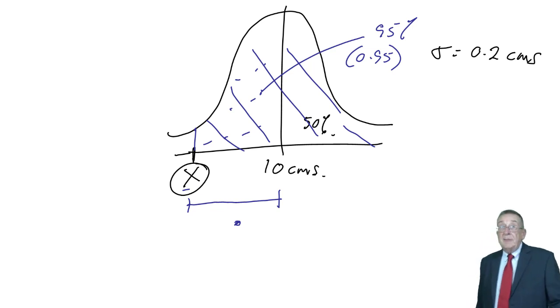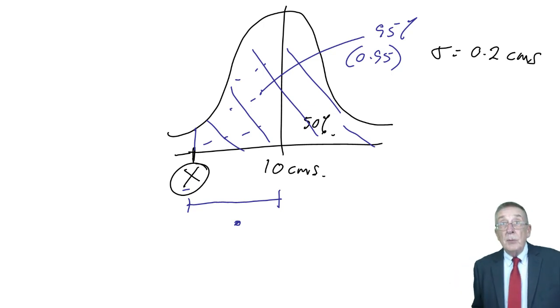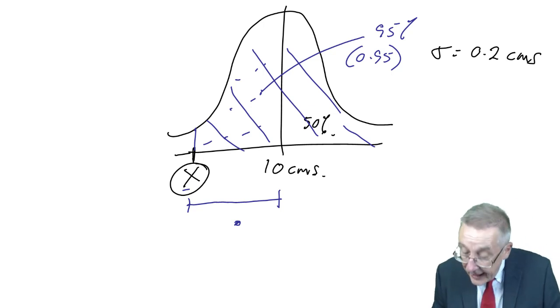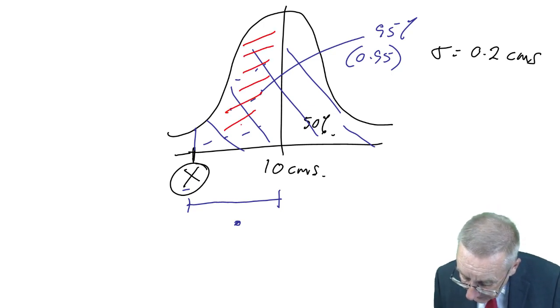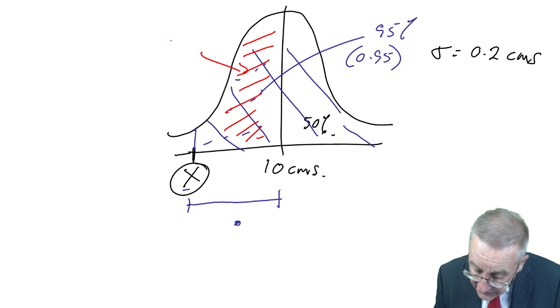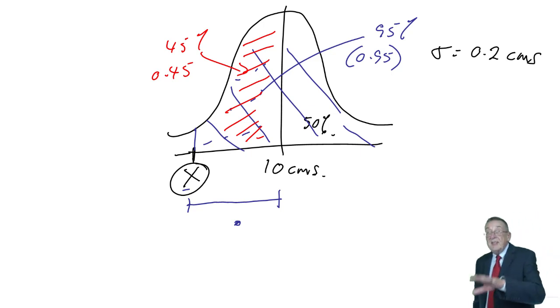Surely if there's a 95% chance of being more than X, and the chance is 50% of being more than 10, then this area must be 45%, or 0.45. 45 plus 50 is 95.